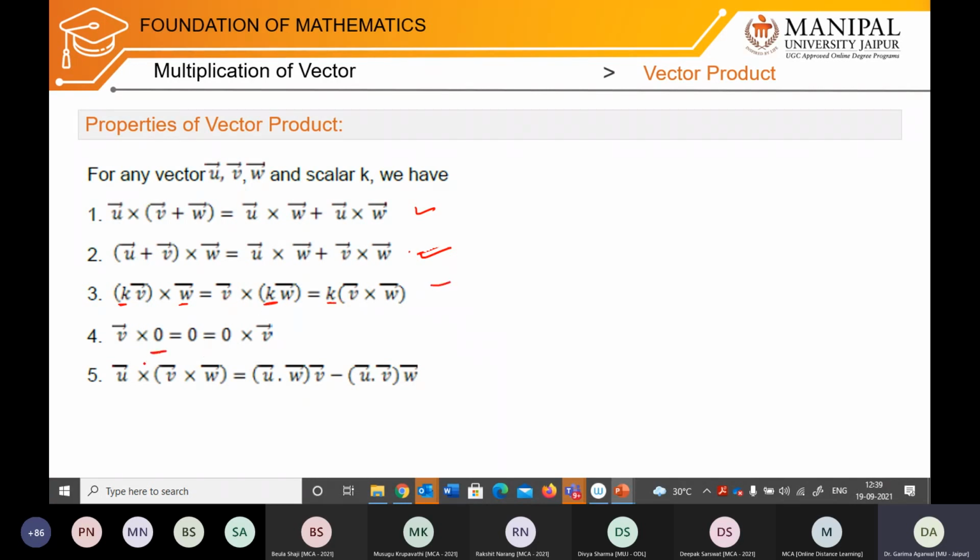If 0 is any vector or any scalar, then the cross product with any vector is 0 itself. This property is important. u cross (v cross w) is (u dot w) times v minus (u dot v) times w. Clear?